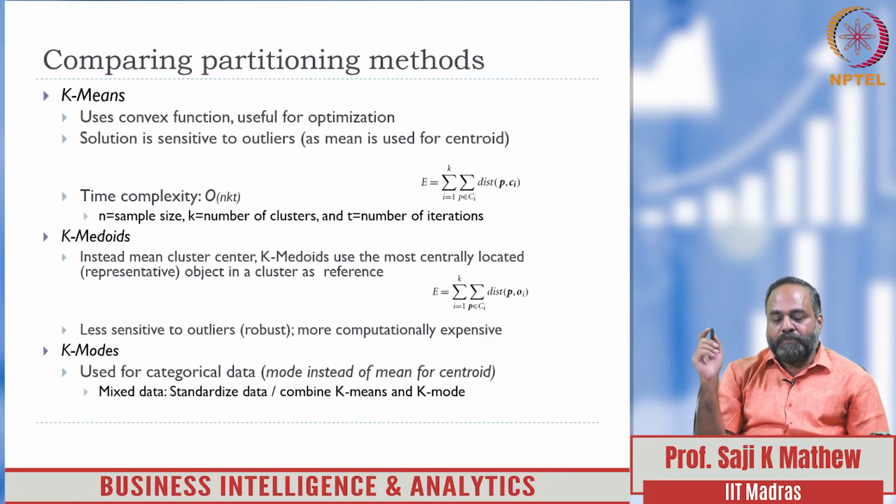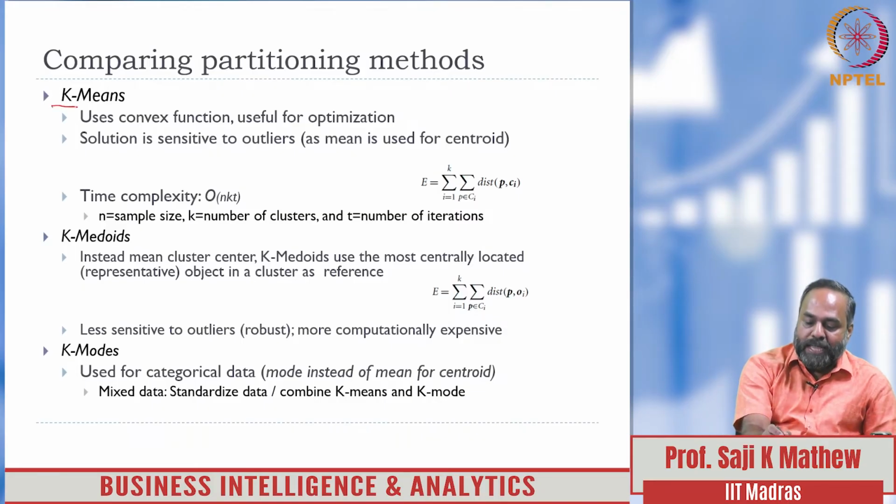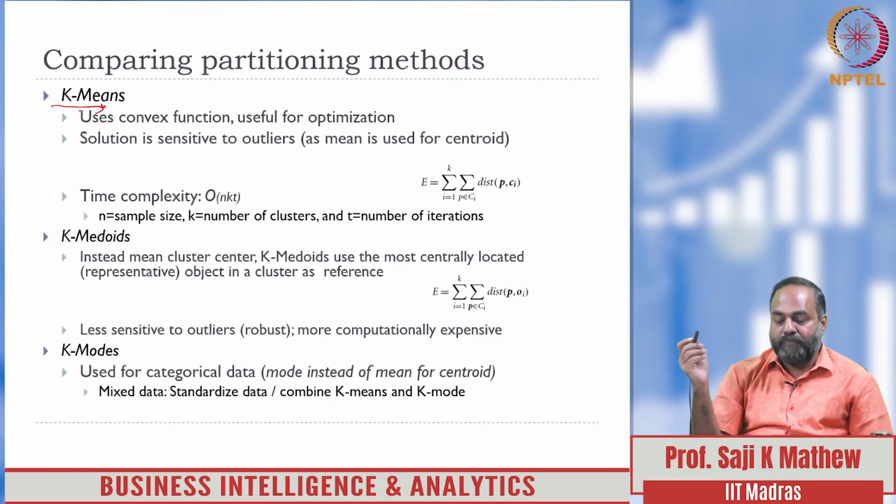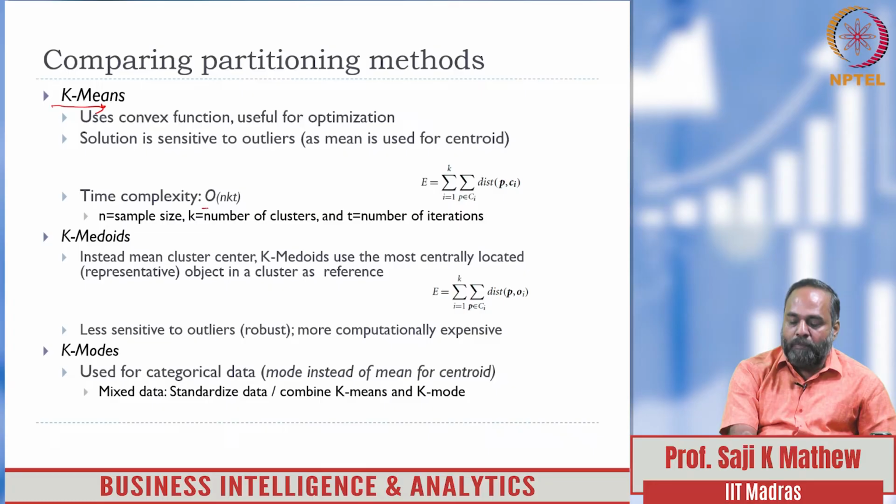Now, since partitioning techniques are widely used, there are different choices of clustering techniques within the partitioning method. One is of course k-means, which we discussed already, and there is something called time complexity or cost of computation involved in an algorithm. Time complexity is determined by sample size, number of clusters and number of iterations.